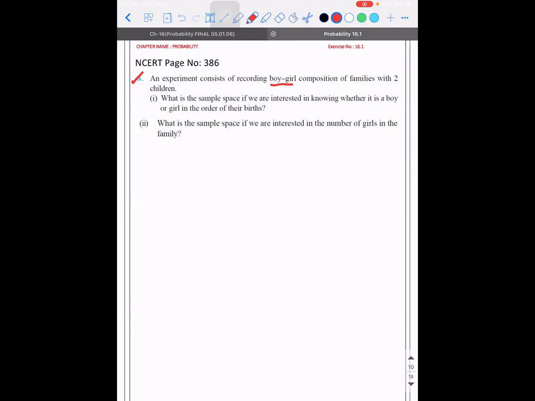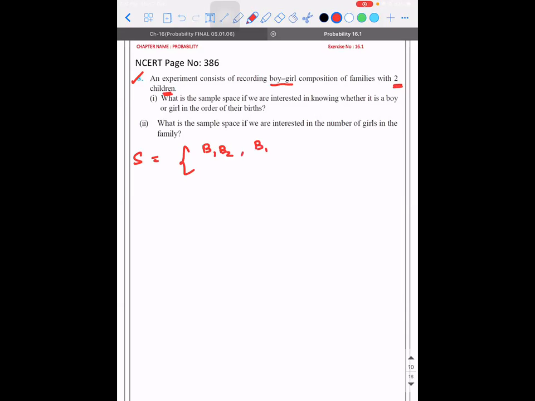Okay. So the sample space is, since they told 2 children, it can either be a possibility of 2 boys, 2 girls, or 1 boy and 1 girl. If there are 2 boys, then B1 and B2 is possible.